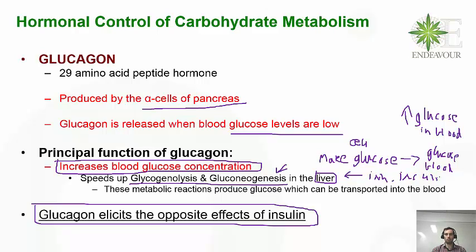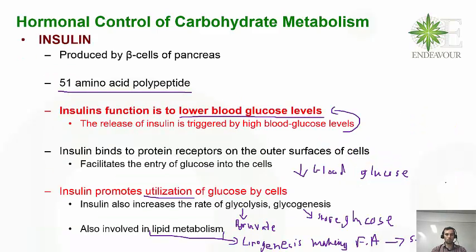Just like on the previous slide, we saw that we have the utilization of glucose through glycolysis and glycogenesis. These are activated by insulin, but they will actually be deactivated or inhibited by glucagon. This is how we can make sure that we're not just doing both of these processes at once.